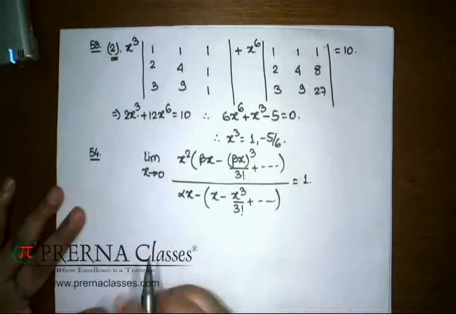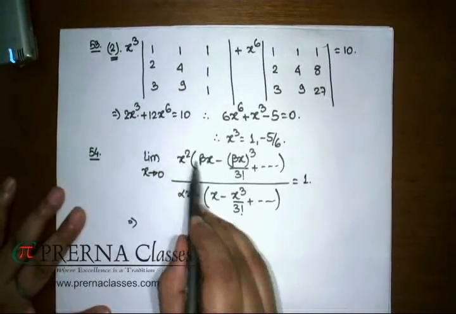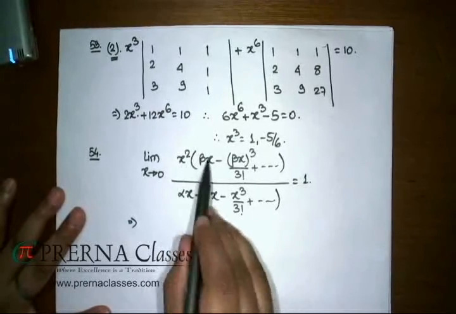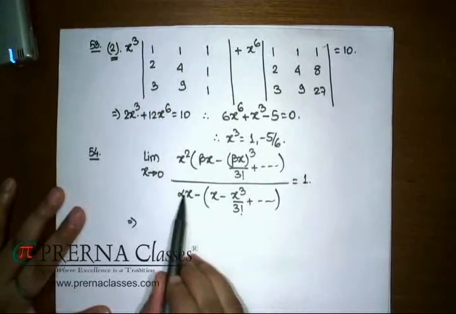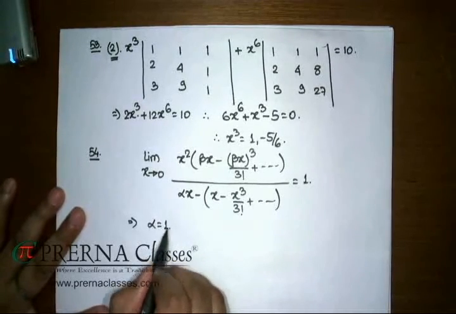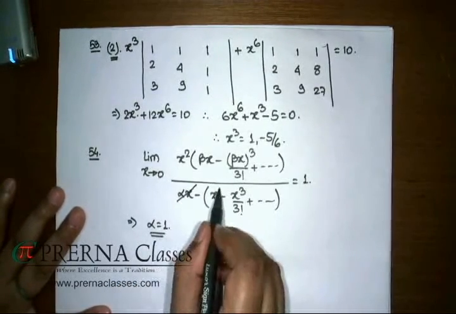This value is given to you as 1, you are interested in alpha and beta. If you look at the degree, the lowest power of x which is present in the numerator is x cube. Clearly then we have to get rid of the linear power here, the linear quantity. That is straight away going to give you alpha as 1.